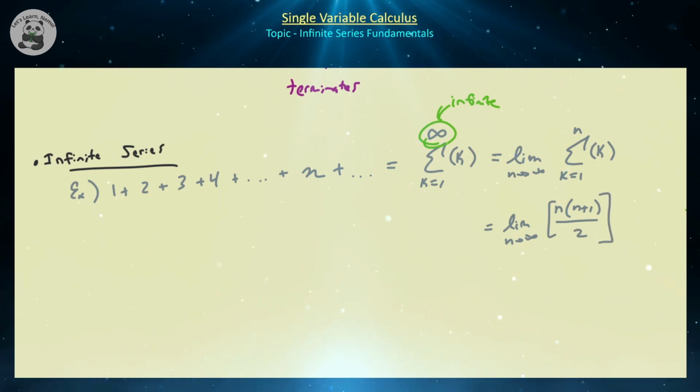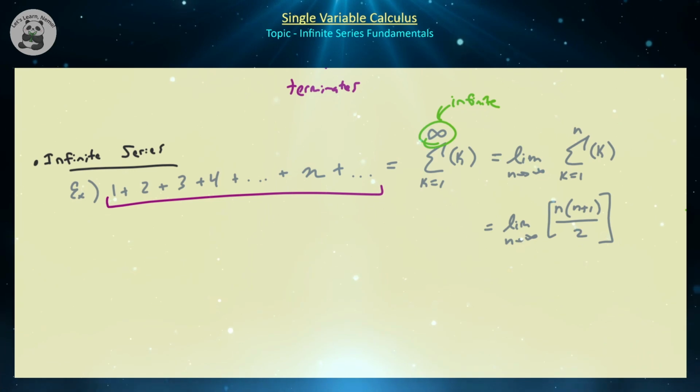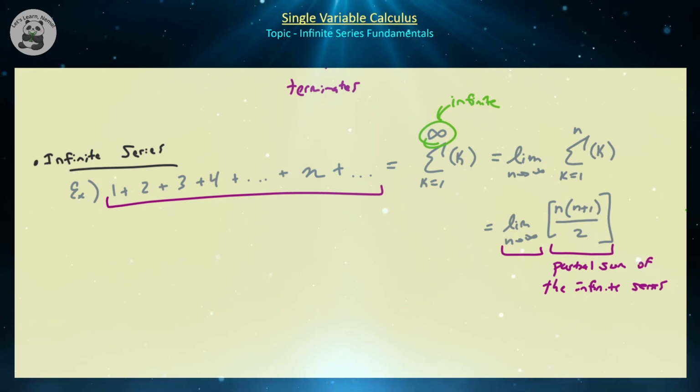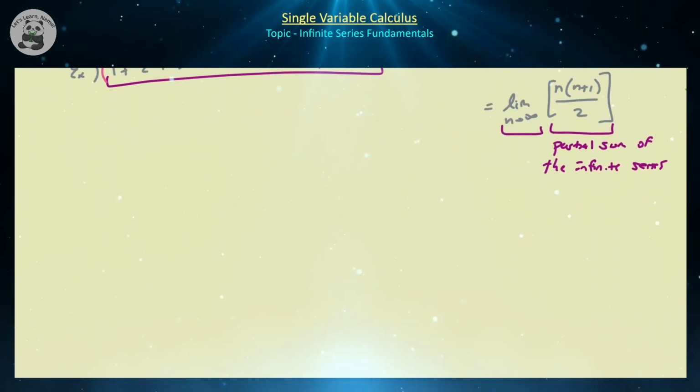So this infinite series is just the limit of the associated finite series, which is sometimes referred to as the partial sum of the infinite series, because we're just taking a finite portion of that infinite series. And this gives us a good way of defining exactly what an infinite series is.